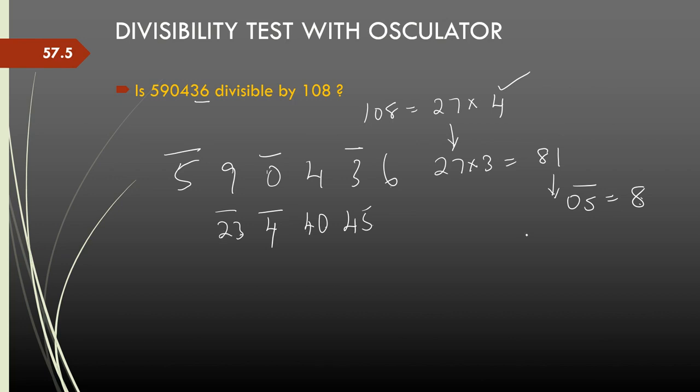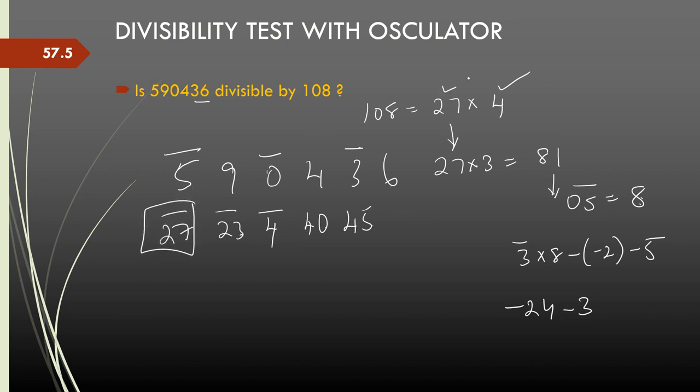So the last step is minus 3 into 8, minus of minus 2, minus 5. So that is minus 24, plus 2 minus 5 is minus 3, that is minus 27. So minus 27 is divisible by 27, and hence this number is divisible by 108.